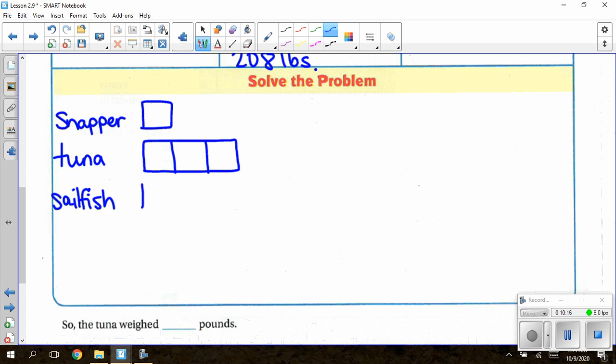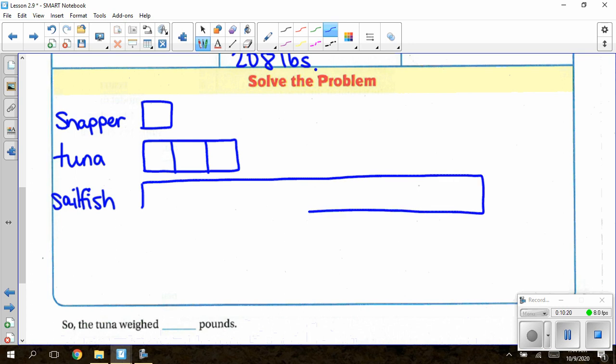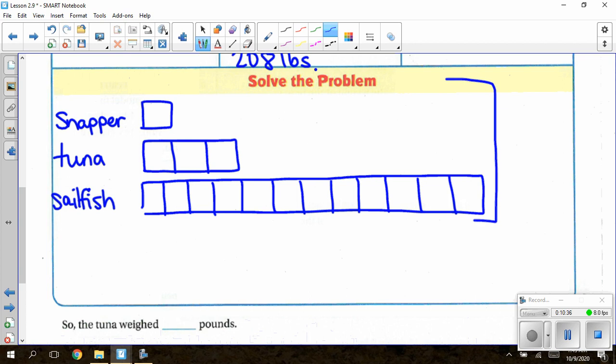So I'm going to draw a long bar, and I'm going to divide that into 12 equal boxes. And then the final piece of information that was given to us is that the combined weight for all 3 fish is 208 pounds.